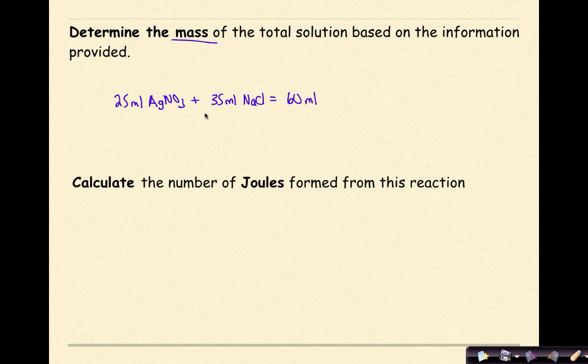Now in this problem, if you go back to the original, they tell us that the density of the solution is 1 gram per milliliter. So if I have 60 milliliters, I can figure out the mass here. So 60 milliliters of solution, and then I use the density right here, which basically says 1 milliliter, because there's an assumed 1 down here, is equal to 1 gram. So milliliters cancels milliliters. 60 times 1 gives me 60 grams of solution.